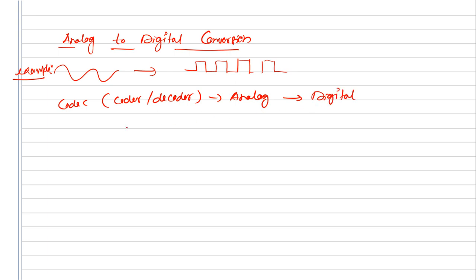This process of conversion requires three steps. The first one is called sampling. The second one is called quantizing or quantization. And the third process is called digitizing or digitization.